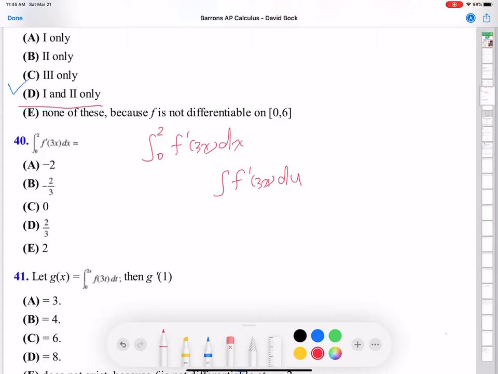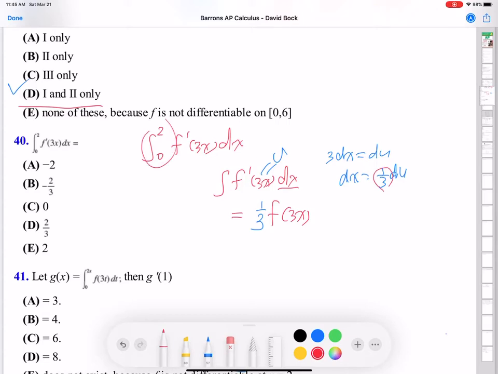The derivative function's integral is the original function, so f of 3x, but it is kind of u substitution. This part is the u part, so 3 dx equals du, so dx equals 1 over 3 du. So 1/3 just comes out here.